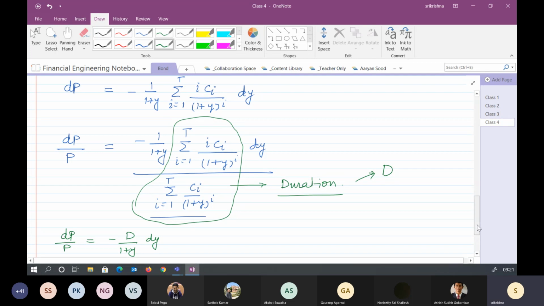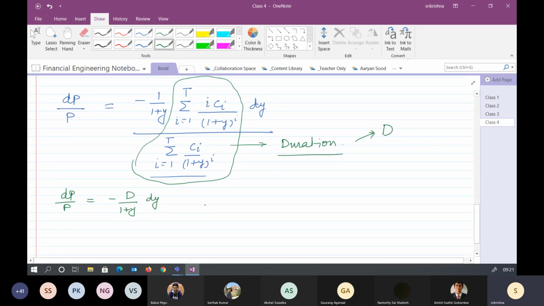Right. So now let's say that the change is very small. So instead of dy, I'll write it as delta y. This change is so small that I can start writing delta y.